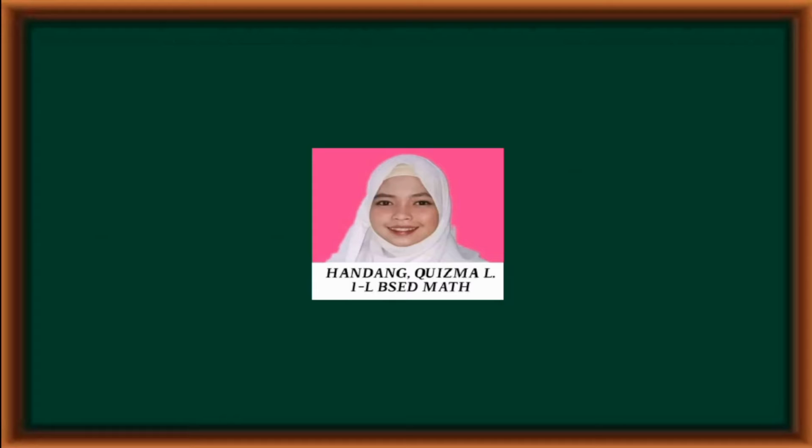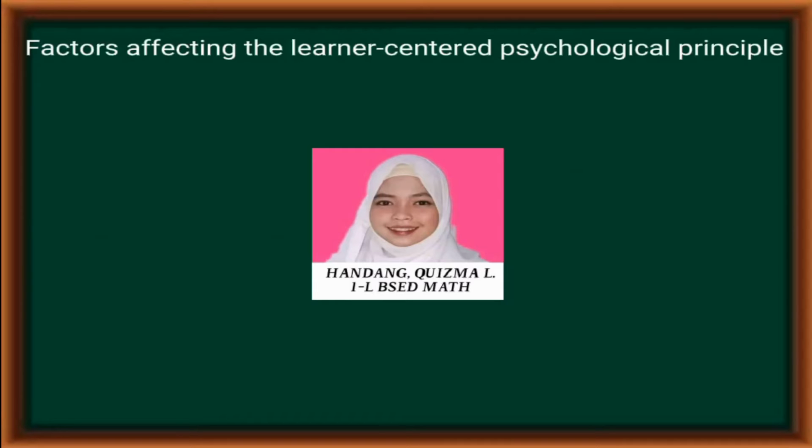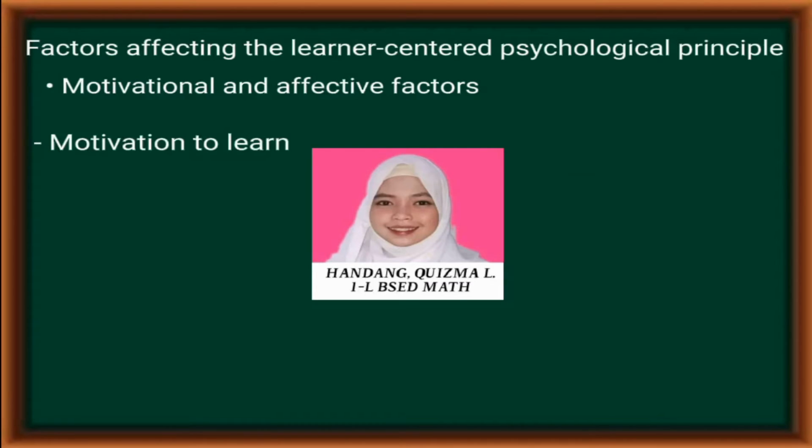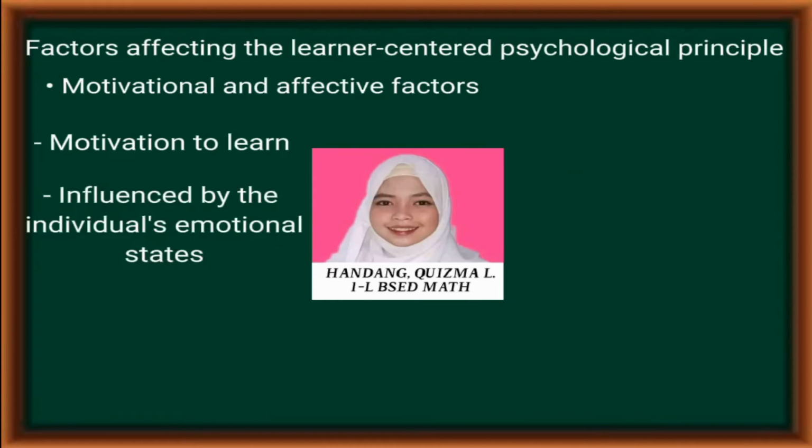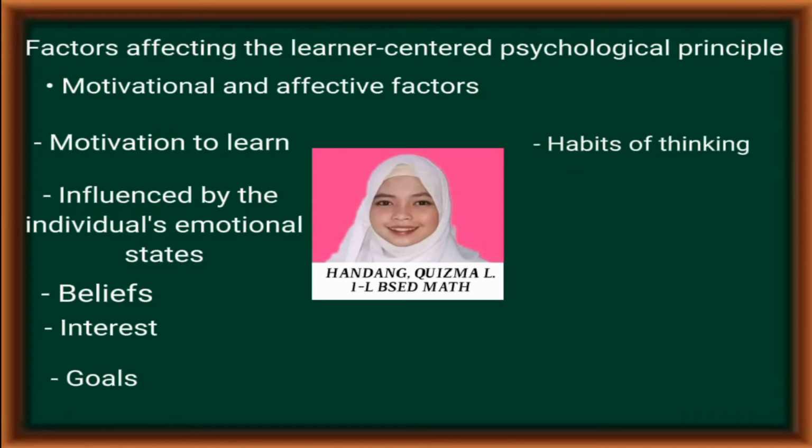So today, I will describe the factors affecting the learner-centered psychological principle. The factor under motivational and affective factors is motivation to learn, which in turn is influenced by the individual's emotional states, beliefs, interests, and goals and habits of thinking.